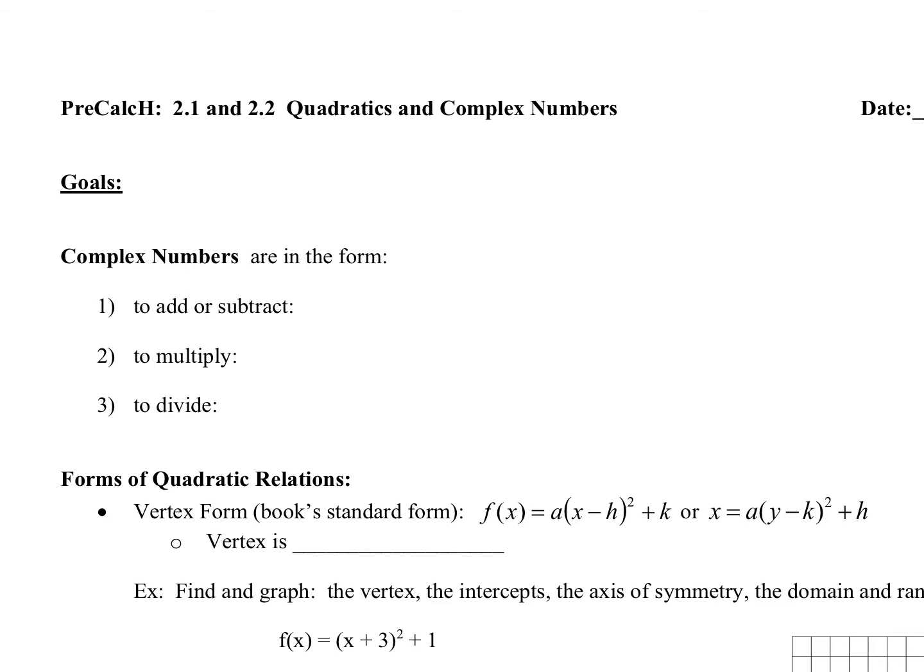So complex numbers take the form a plus bi, where a and b are real numbers. The complex number has two parts.